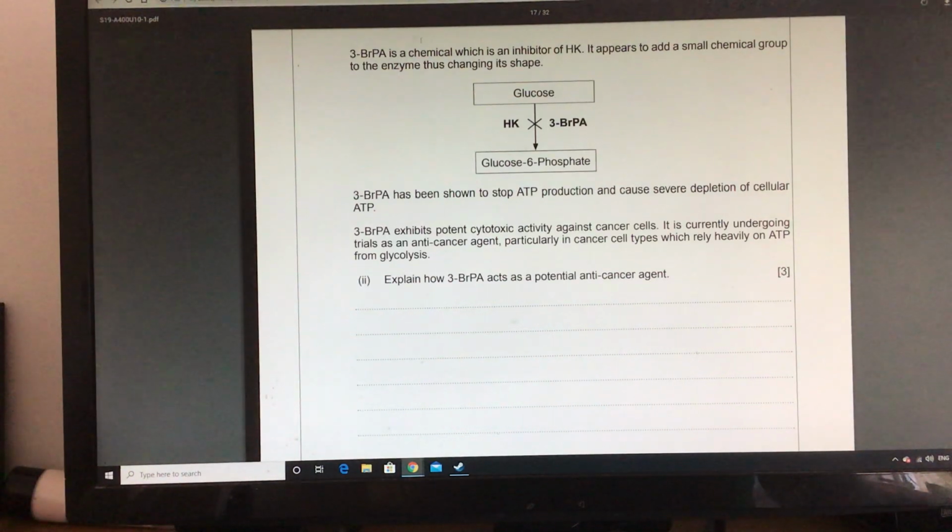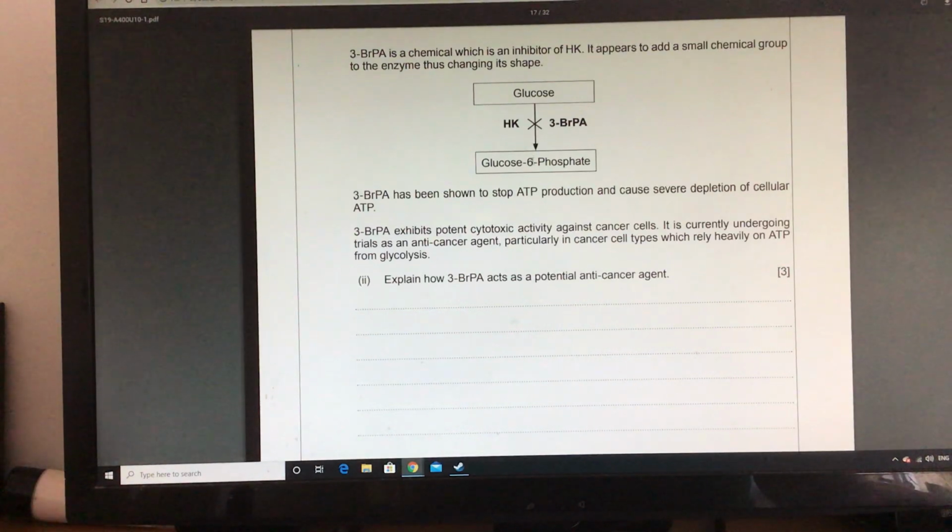The chemical which attaches to that enzyme has a potential use as an anti-cancer agent. It seems to slow down the entire glucose breaking down pathway, so the glycolysis pathway, right at the very beginning.